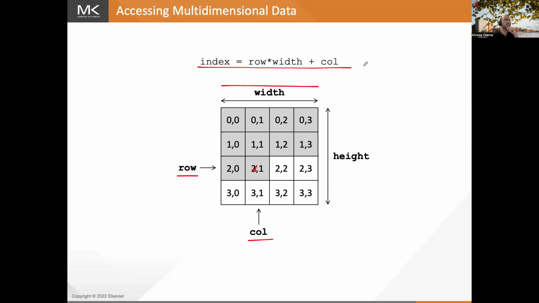So this index basically gives you, if you name your array A, A[row][column], something like that.